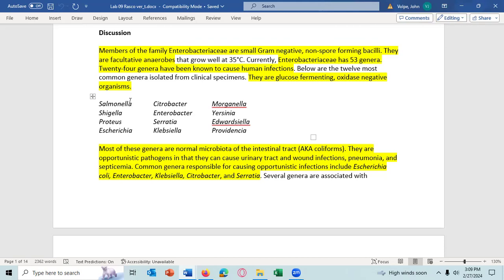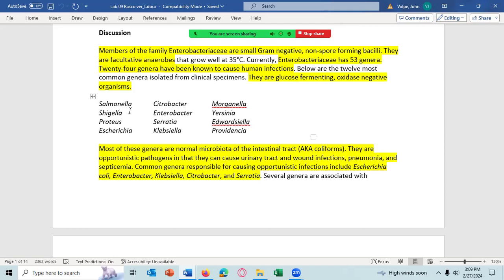They are opportunistic pathogens in that they can cause other infections, including urinary tract, wound infections, pneumonia, and septicemia. So if they grow in regions outside of the intestinal tract, they may cause an infection, and we call them opportunistic, meaning they may be part of our normal microbiota, and growing elsewhere, they cause an infection.